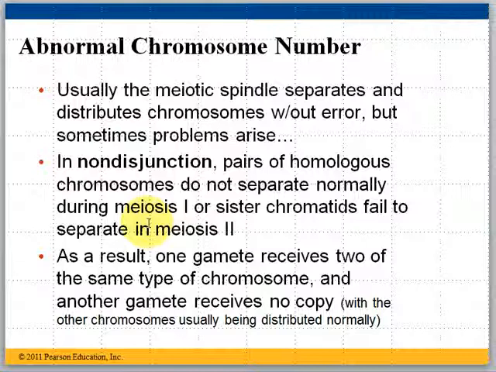If for some reason that doesn't happen, you're going to have a duplicate set on one side and no copies on the other. As a result, one gamete may receive 2 of the same type of chromosome, and another gamete may receive no copy of that chromosome. That may only affect one chromosome, with all the other chromosomes being distributed normally, but that's still going to be problematic.